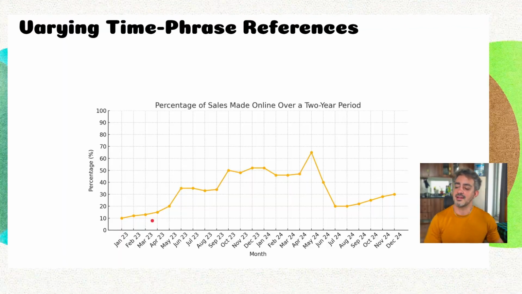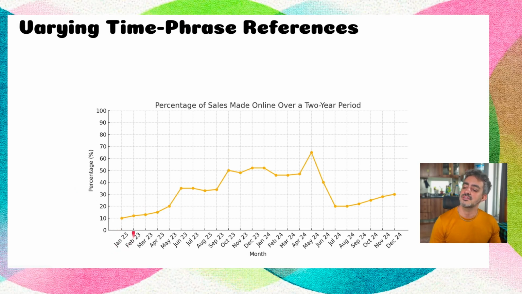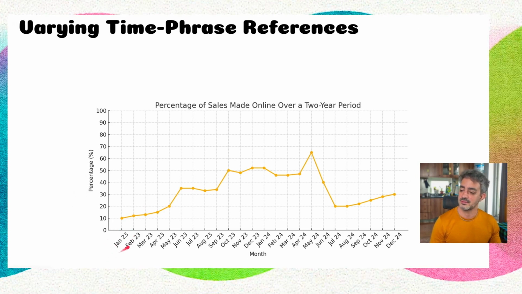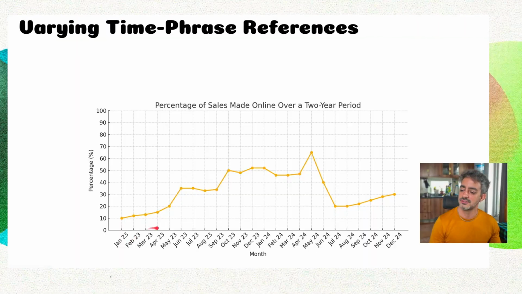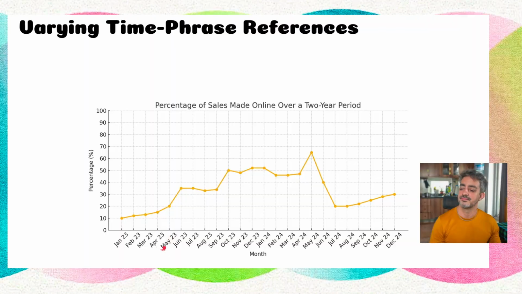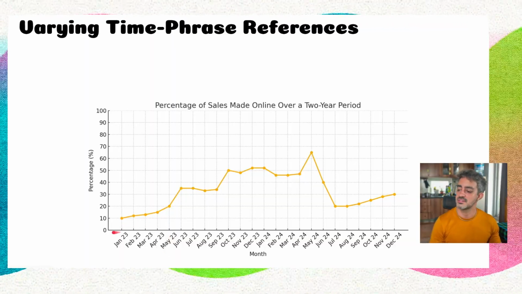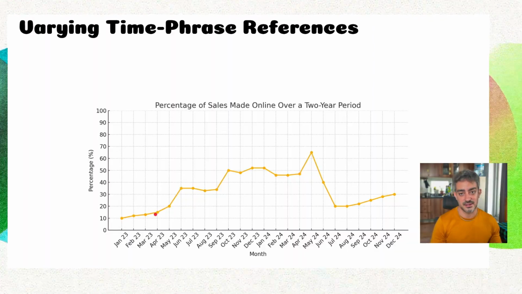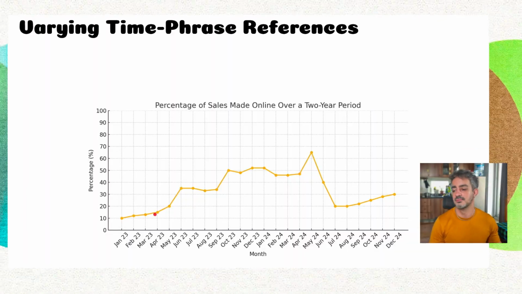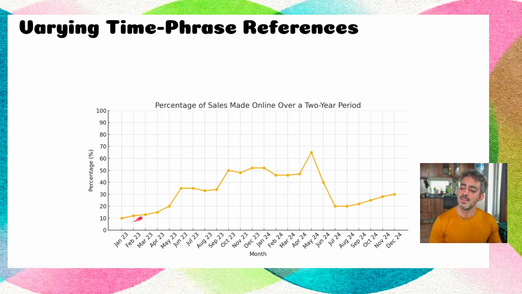So our next option would be to just say, okay, well, between January 2023 and April 2023, sales rose slightly, or sales rose steadily. Okay, that sounds good. But now what?